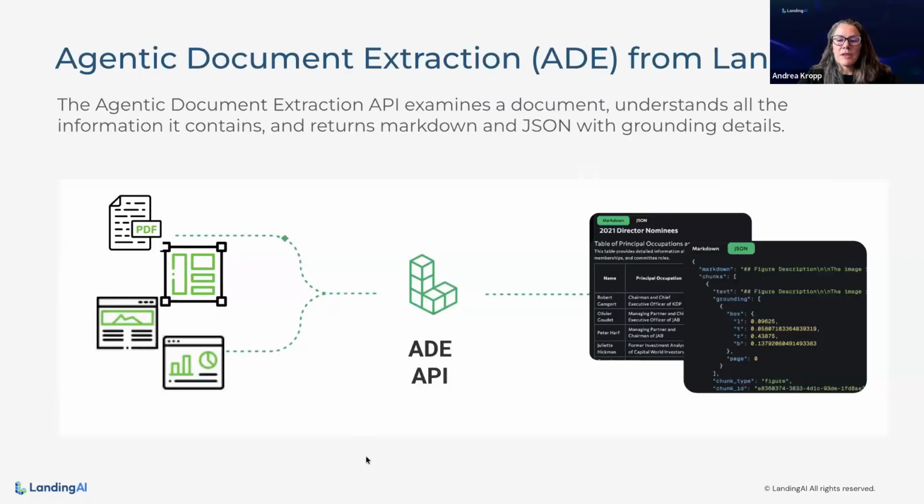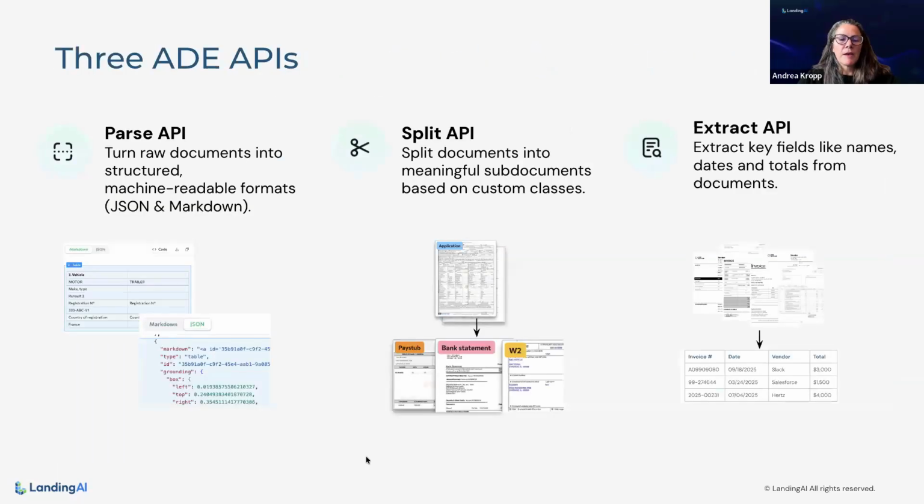We're going to do a lot of visual work today, but it's important to remember that ADE is accessed as an API. There's a REST API, a Python library, and a TypeScript library. If you're working in Snowflake, there are some stored procedures there. So the intent is to explore the product visually and then work with it programmatically. There are three separate APIs that are typically used in this order.